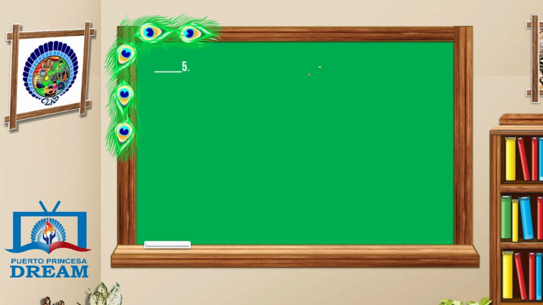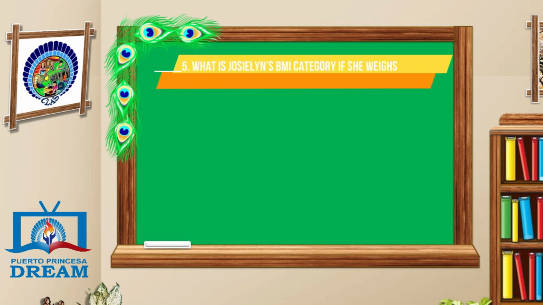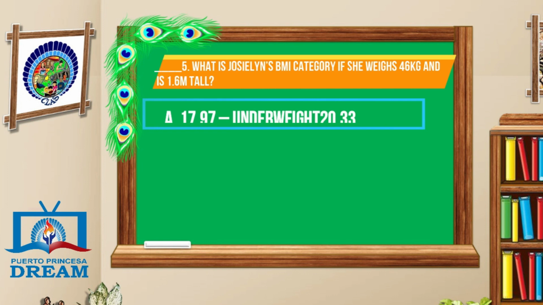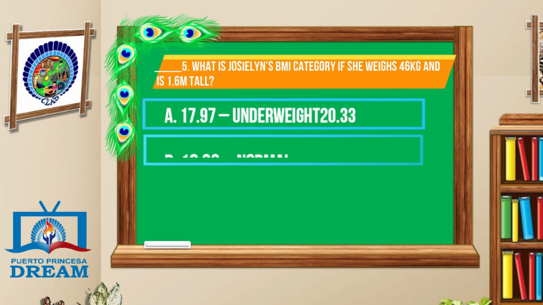Number 5. What is Jocelyn's BMI category if she weighs 46 kg and is 1.6 meters tall? A. 17.97 underweight. B. 19.22 normal.